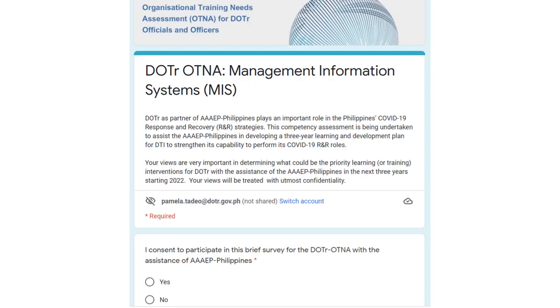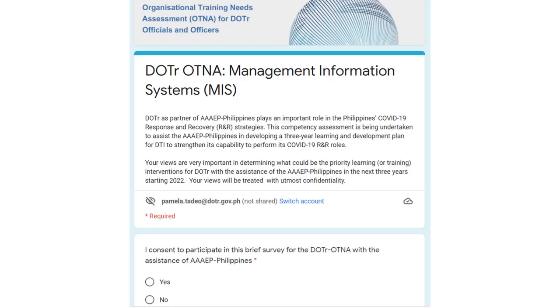This is another competency-based measurement, but it comes from outside. It comes from the Australian Awards. So sometimes we are also measured in terms of competency, even from outside of the organization.